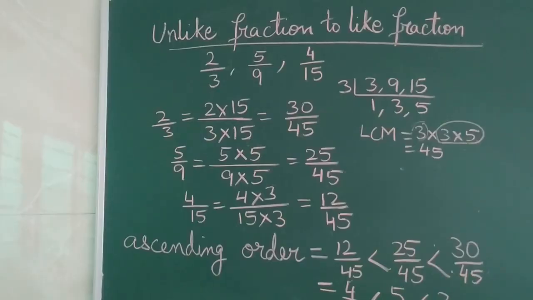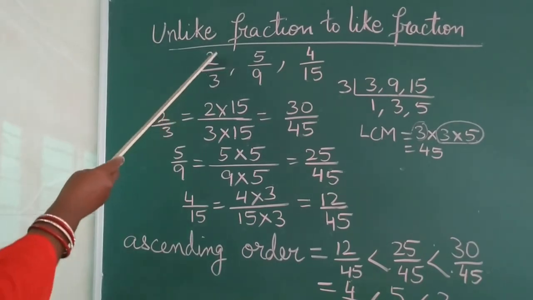We can even use this conversion of unlike fractions to like fractions not only for arranging in ascending and descending order, we can also use it for comparing two fractions. Say if you are given 2 by 3 and 5 by 9 and told which fraction is big and which is small, you can simply convert them to like fractions with the same denominators, and whichever numerator is big is the bigger fraction, whichever numerator is small is the smaller fraction.